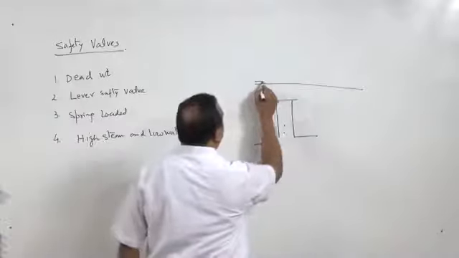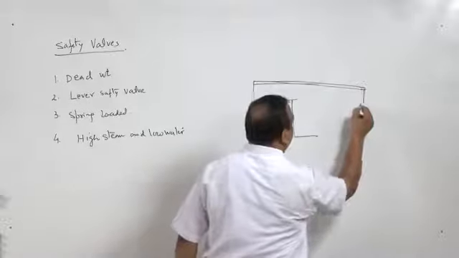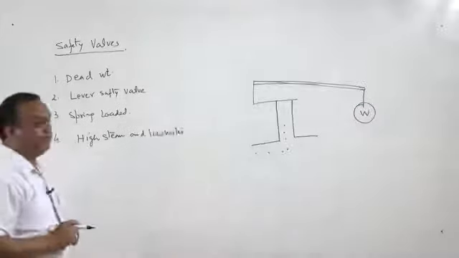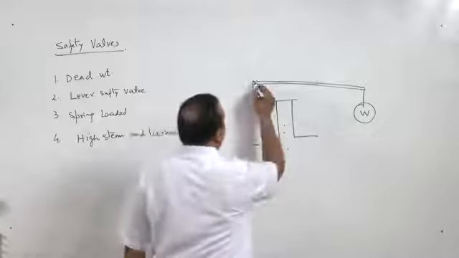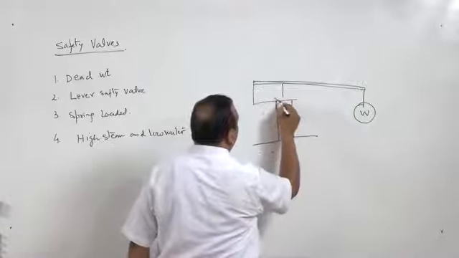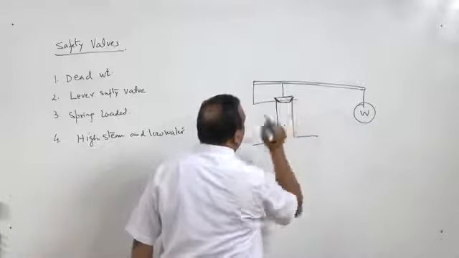And on this lever arm, on the extreme side, there is a dead weight. This lever is hinged here, and it is connected to a system which closes this opening.